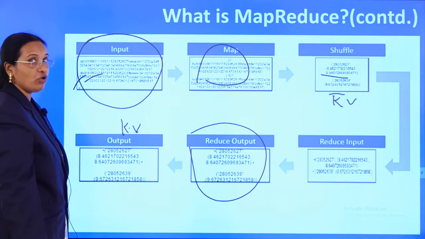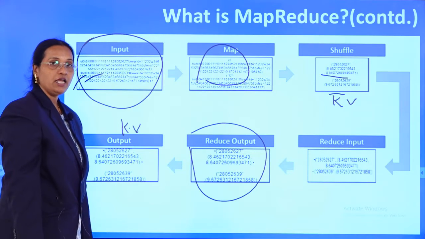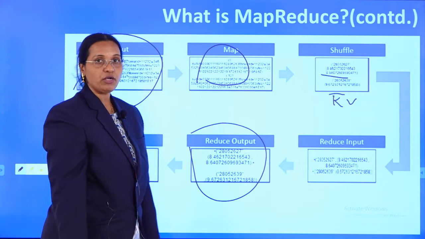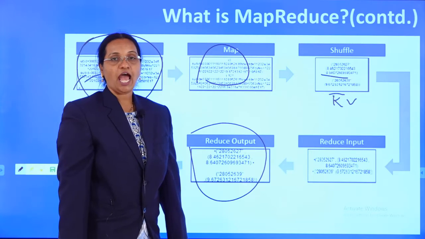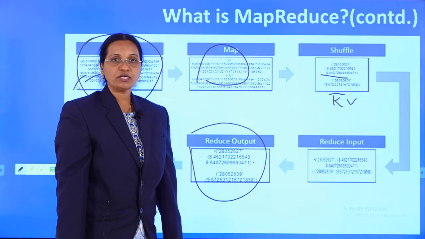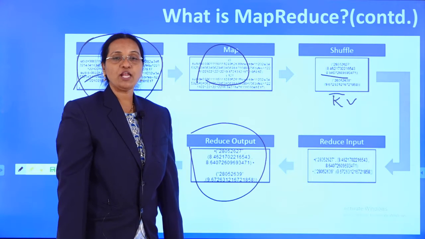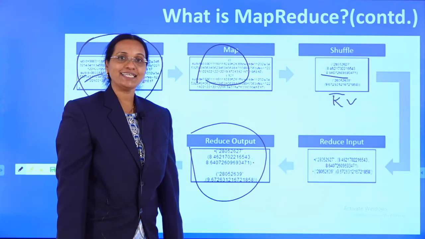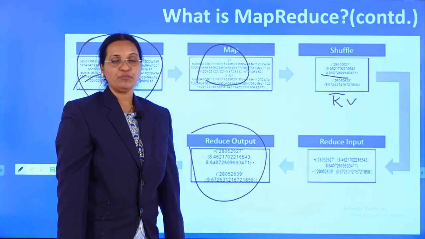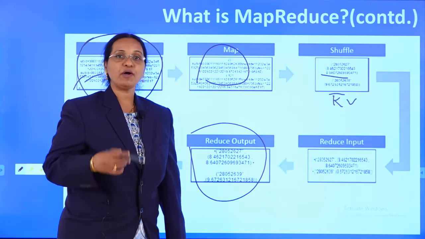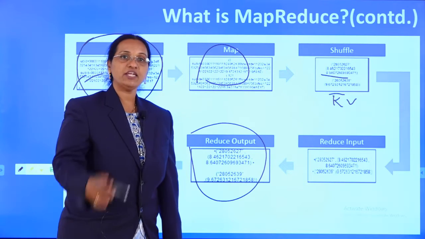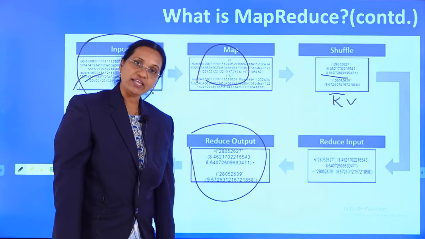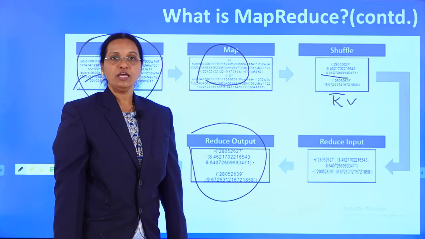So this diagram demonstrates that the map takes a large data set as input and processes it. After processing, it gives the key value pair as an intermediate output to the reducer, and the reducer takes it as input, performs the aggregation, and gives the final output, which is also in the form of a key value pair.